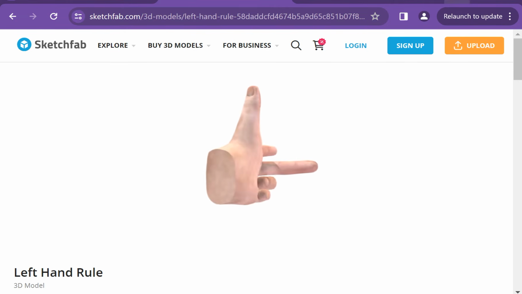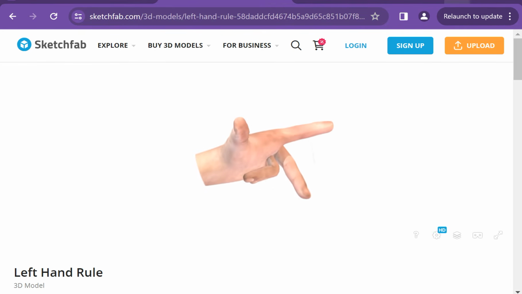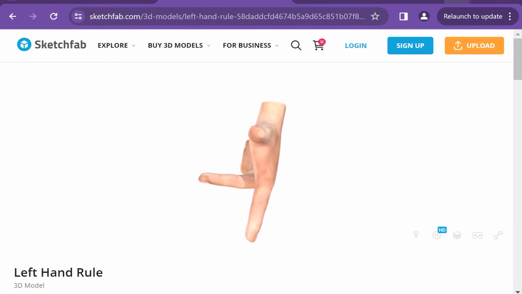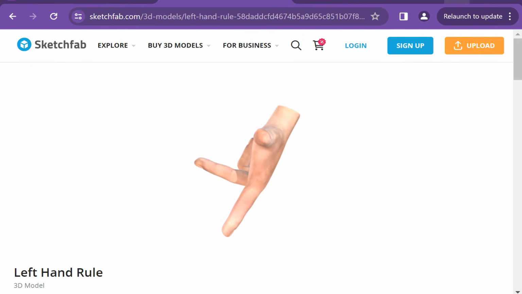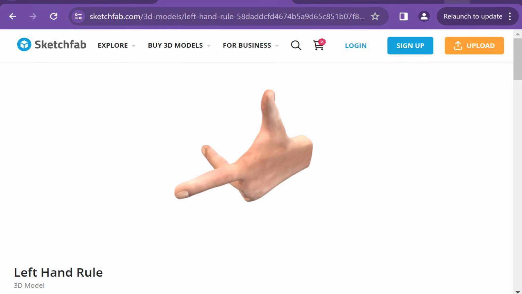I hope this still works. The first finger is supposed to point downwards, but this one has a limitation. That is the problem.